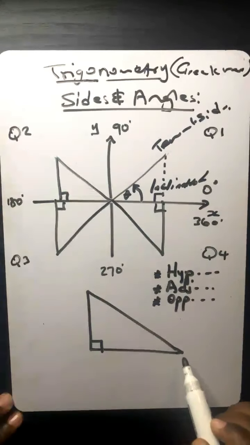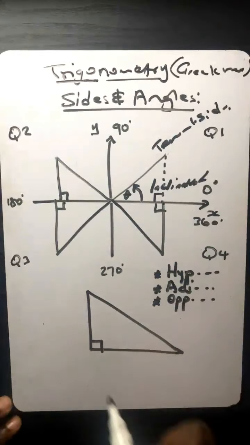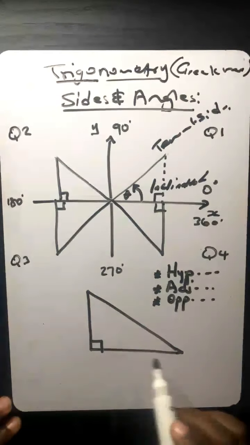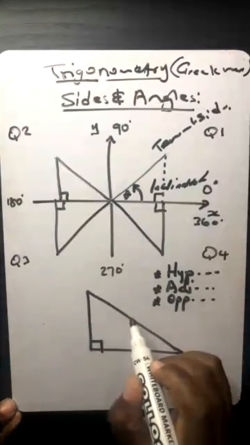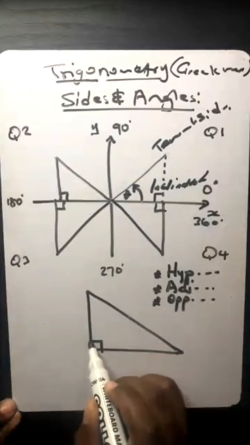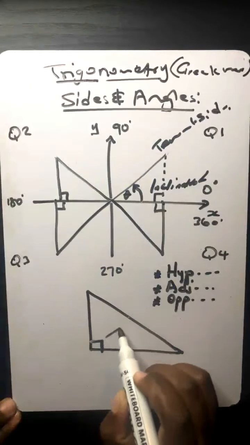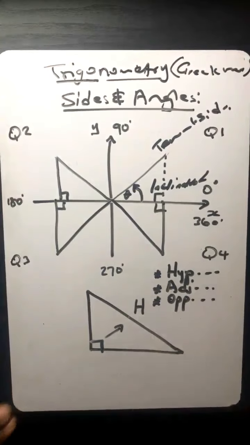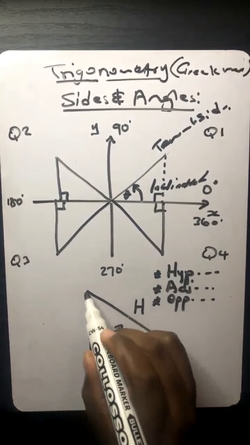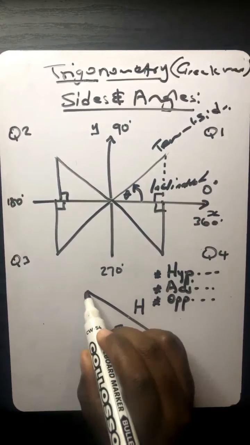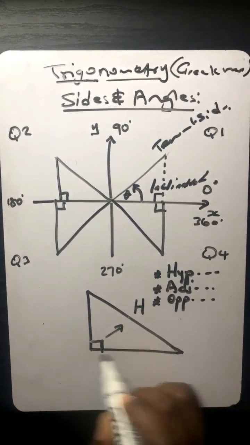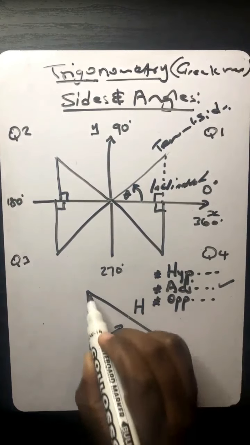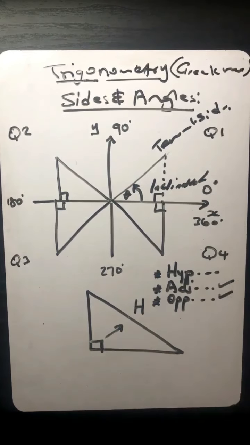In a right angled triangle like this one, LB, you know very well that this side, which is opposite to the 90 degree angle, is what we call the hypotenuse. You still have these two sides, and one of them is what we call adjacent and the other is what we call opposite. Which one, LB, is adjacent and which one is opposite?